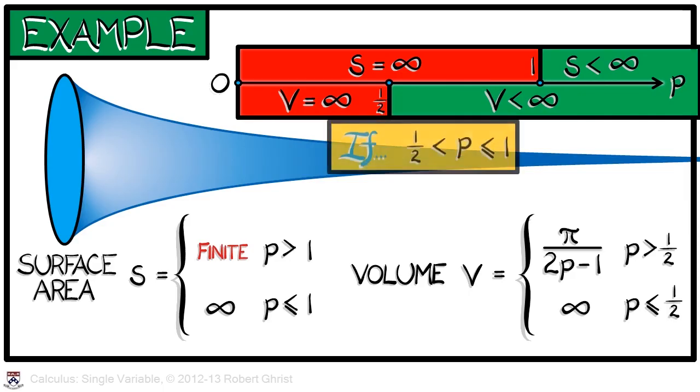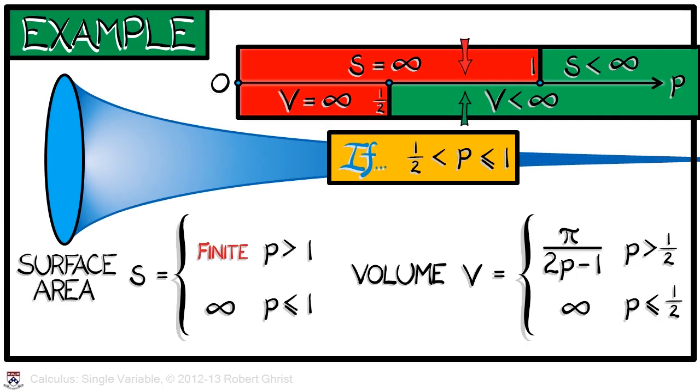And this leads us to the very curious result that if your value of p is somewhere between 1/2 and 1, then you can have an object with finite volume but infinite surface area. That seems a bit counterintuitive at first, but it's very cool.